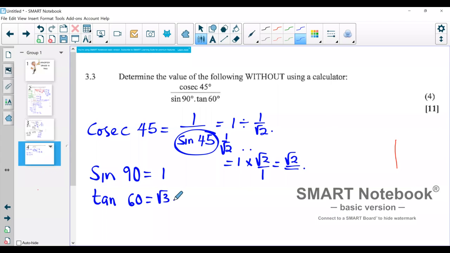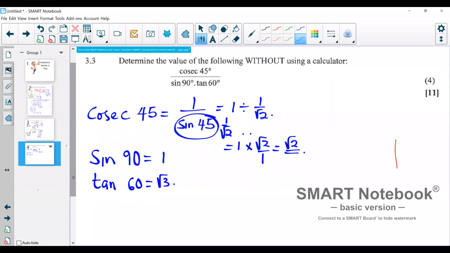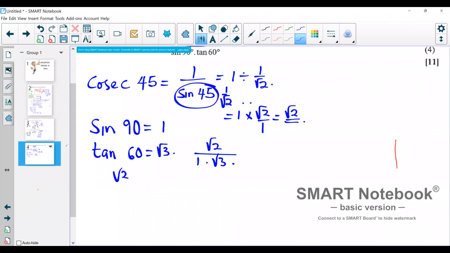Thank you, Gina. So let's take everything back into our expression. Cosec 45 now is square root of 2 over 1 times tan 60, which is root 3. So you have root 2 over root 3.